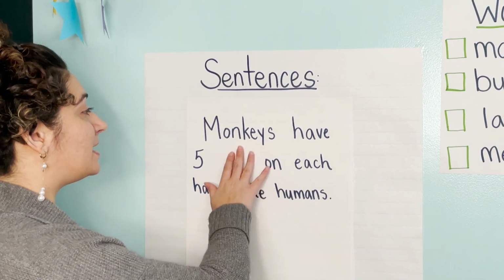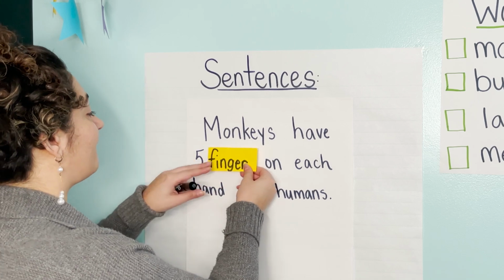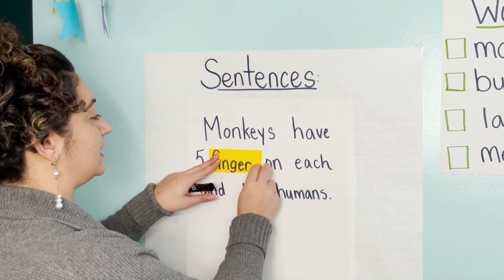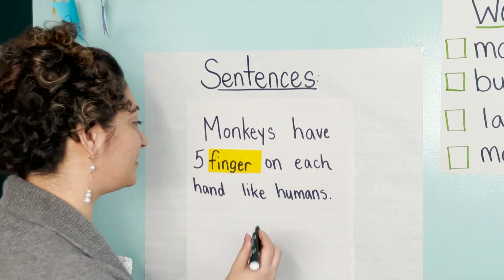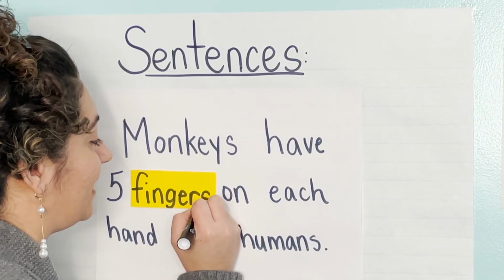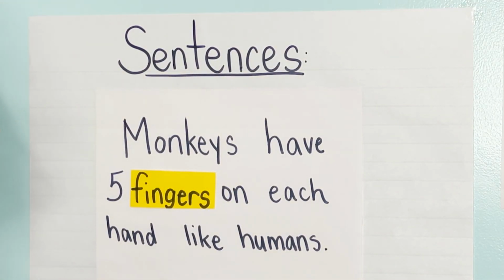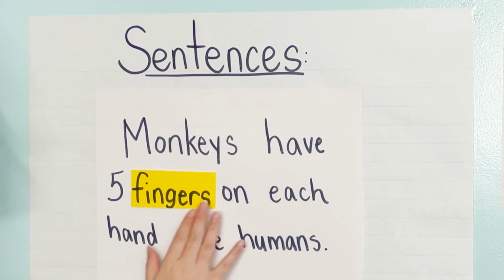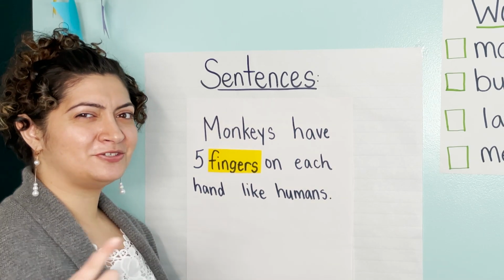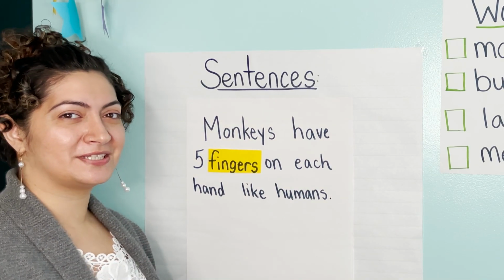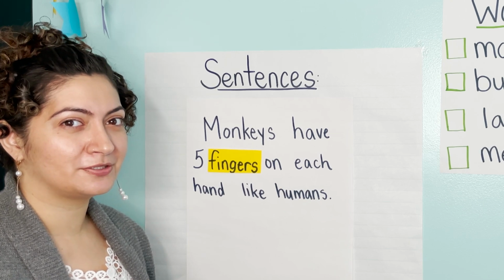So I have monkeys have 5 fingers. That doesn't make sense, right? They have 5 fingers, and I have to add the S to make it plural. So monkeys have 5 fingers on each hand like humans. Do you notice any other words in this sentence that are also plural?